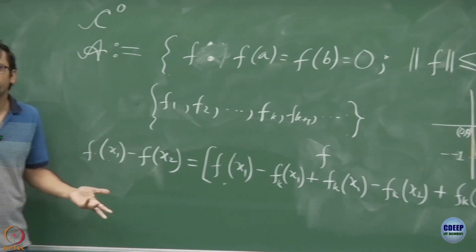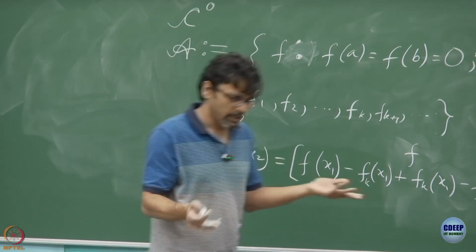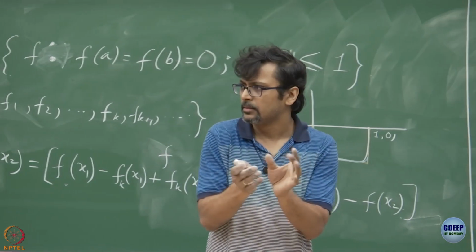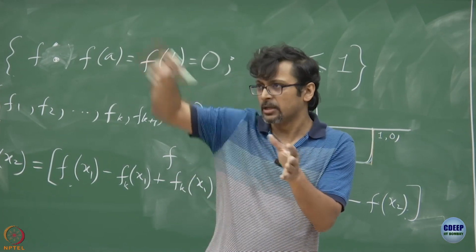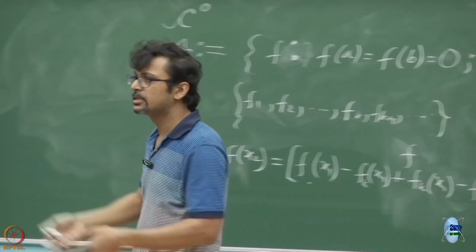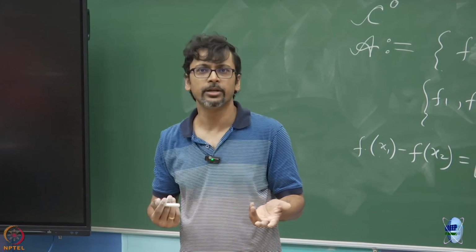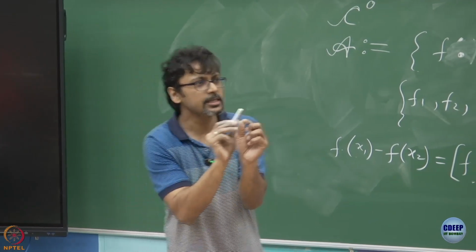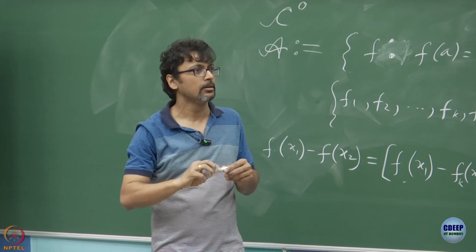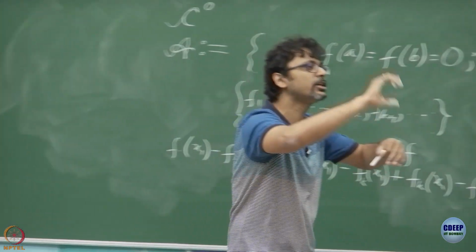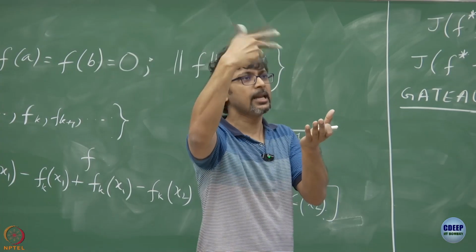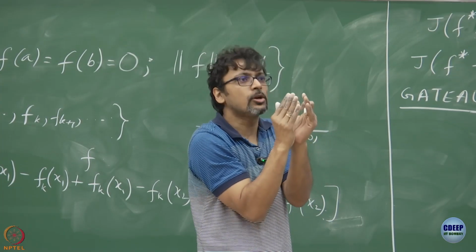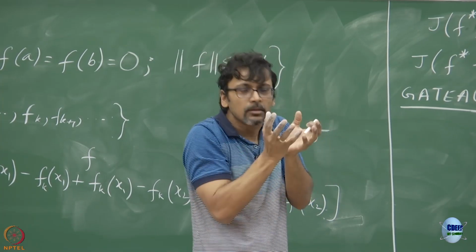What does continuity tell me? That if your independent variables are closer to each other than a certain delta, the dependent variable would also be within some epsilon ball, right? That's continuity, right? Small enough changes in x cannot take you very far away. If you want to bound the extent to which the dependent variable has changed, then the independent variables also are within some small enough bound of each other.